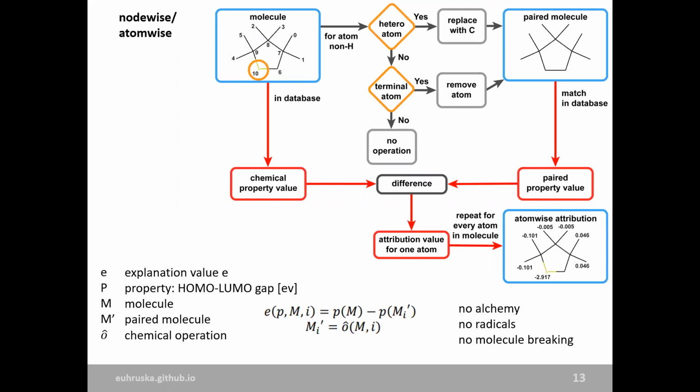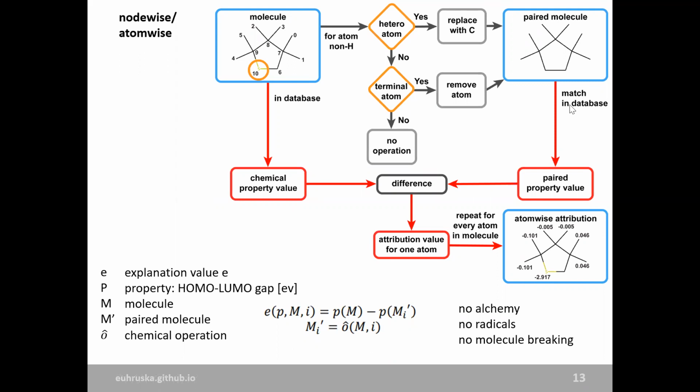This can be attributed to the specific node where we applied the decision tree. So in this example, to the index 10, where the sulfur was replaced with carbon, and we get one number, shown at the bottom as an equation, just the difference between the properties.